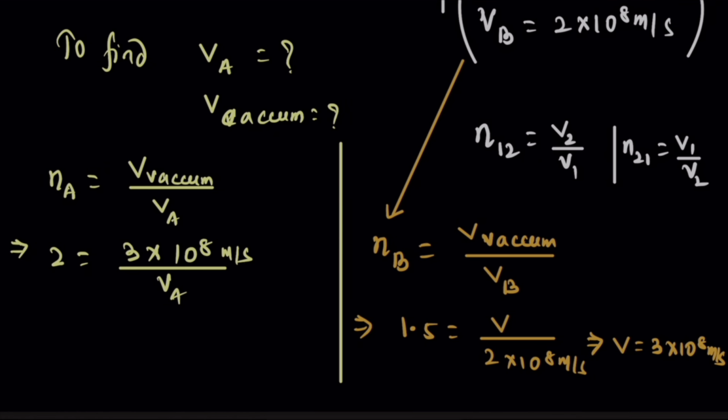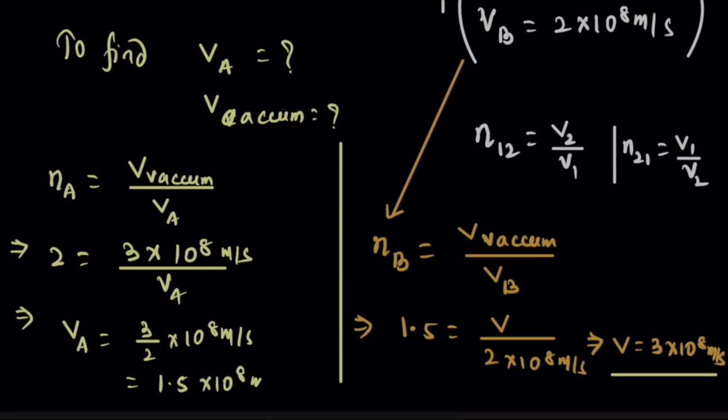The speed of light in vacuum we just calculated. Now after that, VA is equal to 3 by 2 into 10 to the power 8 meter per second, which is equal to 1.5 into 10 to the power 8 meter per second. This is the answer for the first question.